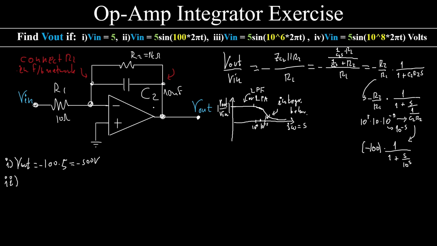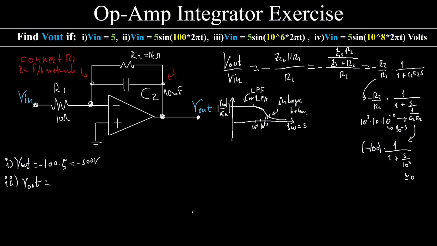Let's go to the second case. We have a frequency of 100. So the out is going to be what? This 100 frequency is, let's see, 10 to the power of 2 over 10 to the power of 3. This is very, very small, again, in respect to this 1. It is not 0, but it's very close to 0, in respect to this one, always.